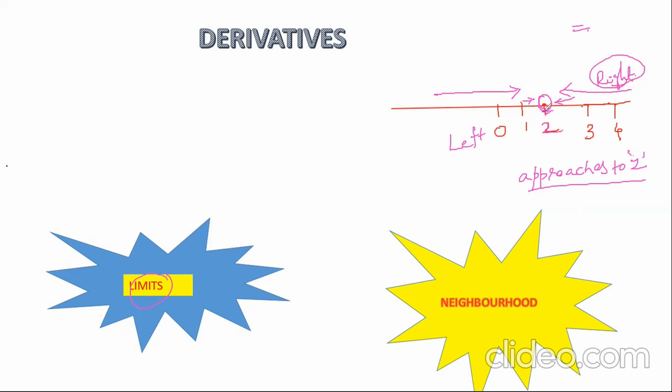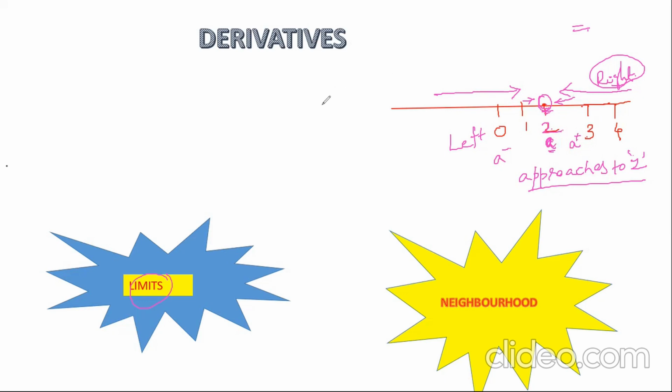When you approach 2 from the right side, say this is A. Okay, you are approaching A from the right side. So this can be assumed as a plus. And if you are approaching from this end, that is a minus. Like that we are going to take. Here A is the point. So this is a plus and a minus.